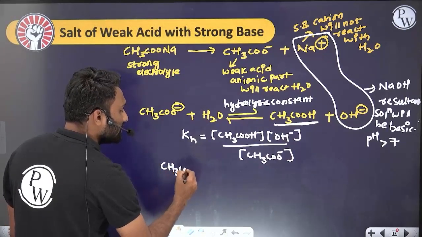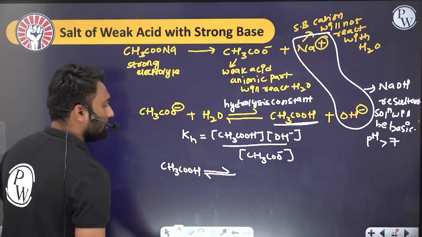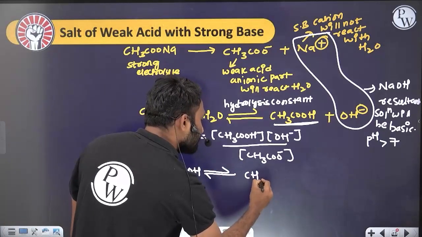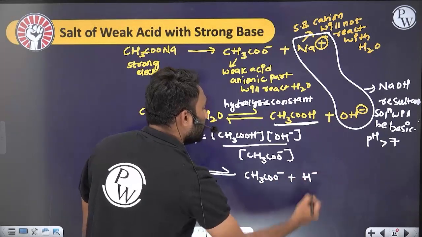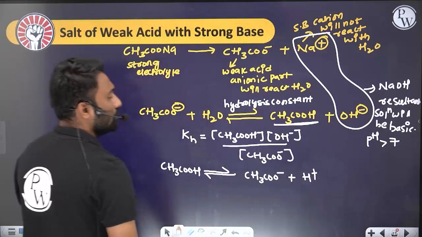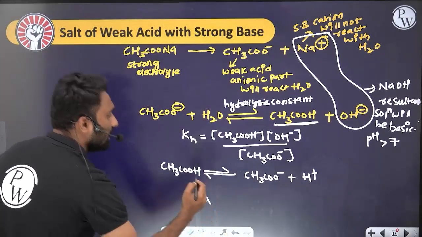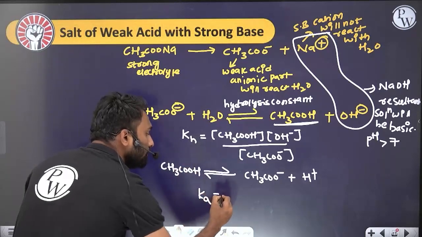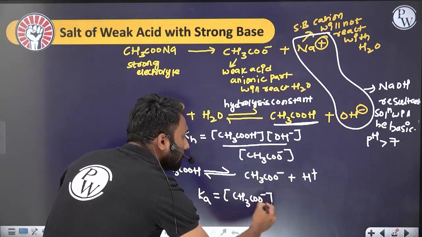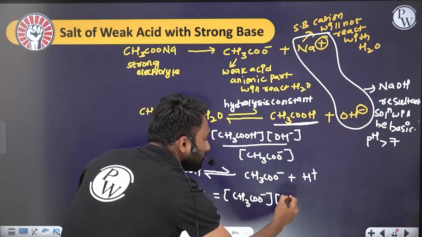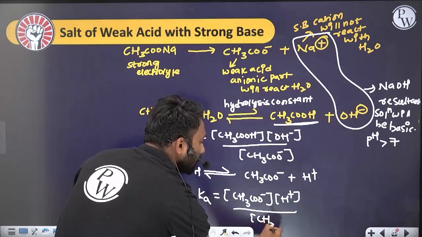A weak acid dissociates to give CH3COO minus plus H plus. Now, this is a weak acid, so for this we can write the dissociation constant Ka. Ka is equal to the acetate ion concentration times the concentration of H plus, divided by the concentration of acetic acid.